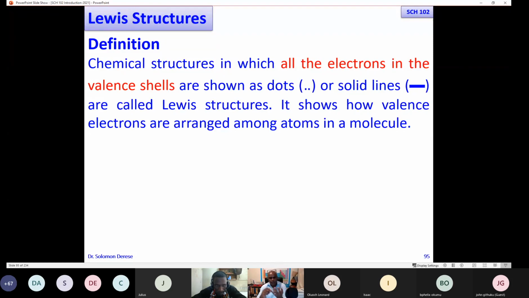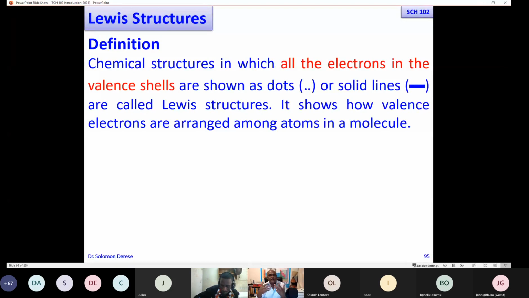Hydrogen has one valence electron, and we have 2 hydrogens in water, so the 2 hydrogens will contribute 2 valence electrons. And then oxygen has 6 valence electrons. The total valence electrons of water is 8, 2 of them coming from hydrogen, 6 of them coming from oxygen.